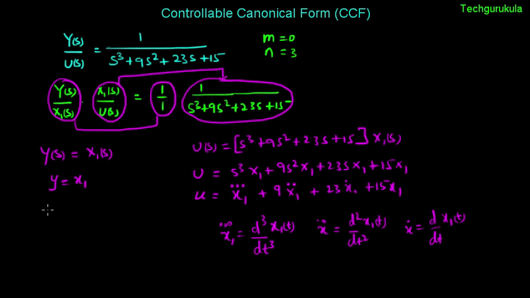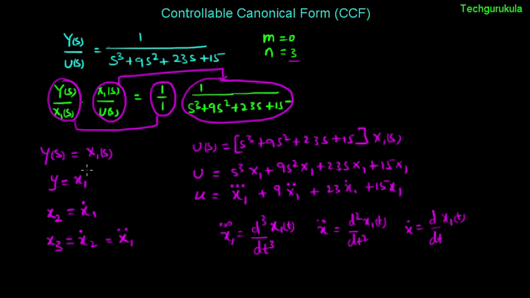Now we're going to define another state variable x2, which is x1 dot, the first differentiation with respect to time of x1. And we define x3 as x2 dot, which is equal to x1 double dot. Now should we define x4? Of course not, because the order of the system is 3, which means we can define 3 state variables.